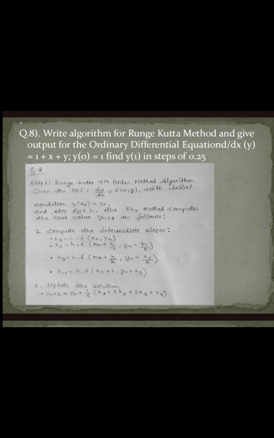First, compute the intermediate slopes: k1 equals h times f(xn, yn), k2 equals h times f(xn plus h/2, yn plus k1/2), k3 equals h times f(xn plus h/2, yn plus k2/2), k4 equals h times f(xn plus h, yn plus k3). Update the solution: y(n+1) equals yn plus 1/6 times (k1 plus 2k2 plus 2k3 plus k4).